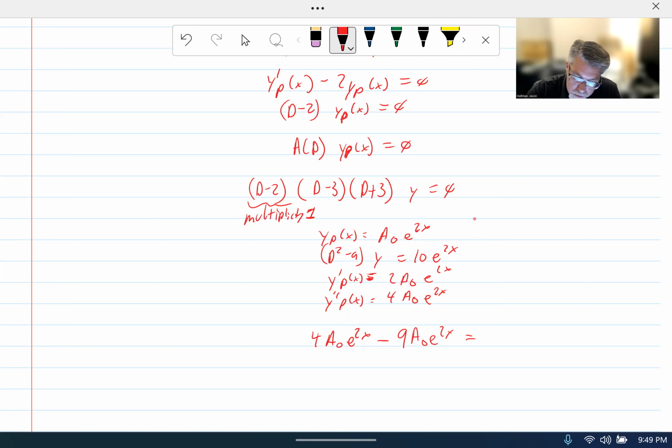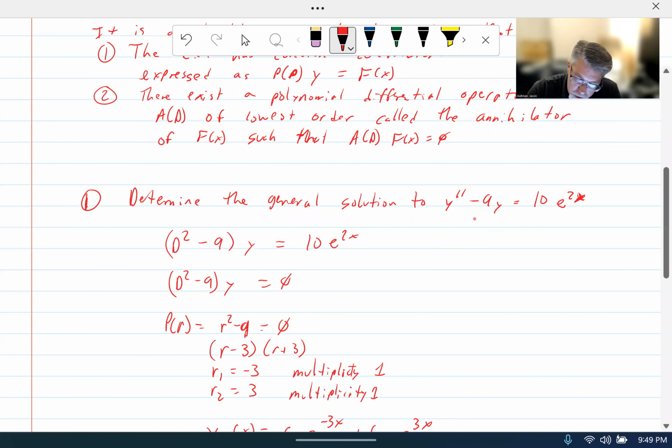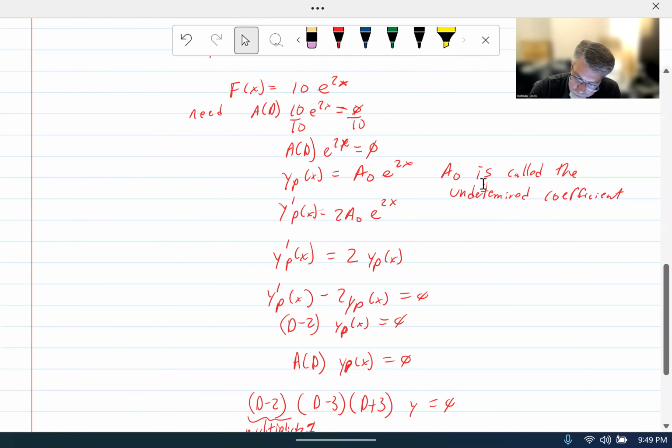is equal to, that was in the original, right? If we look at the original differential equation, it's y double prime minus 9y. So we get that y double prime there, and then it's minus 9y.